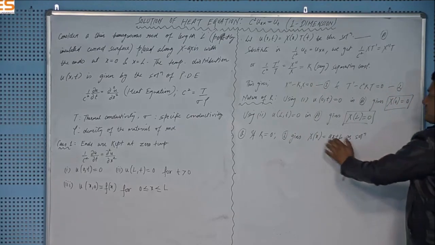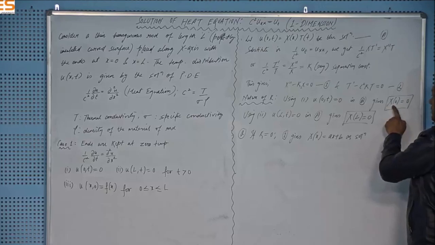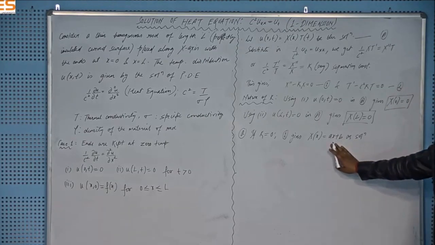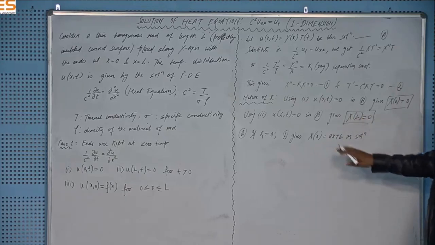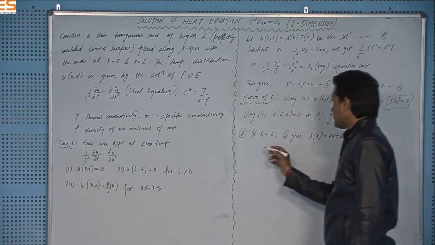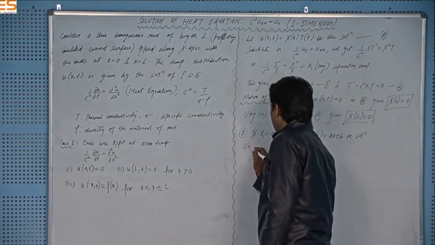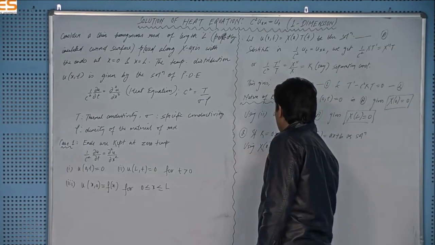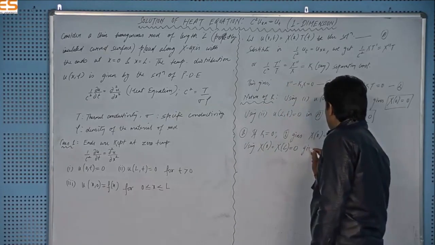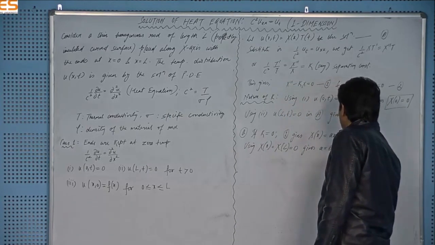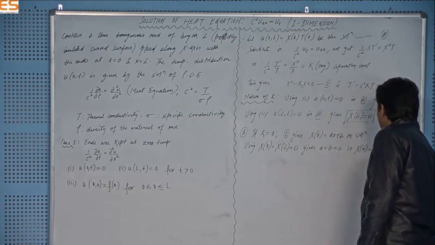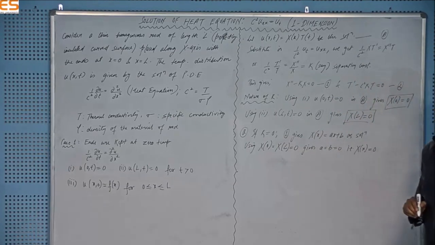And then imposing these two conditions, if I impose this condition X(0) is equal to 0 here, then I will be getting b is equal to 0, right? And on imposing the second condition, I will get a is equal to 0. So as a whole, using X(0) equal to X(l) equal to 0 gives a equal to b equal to 0, that is X(x) equal to 0, right?